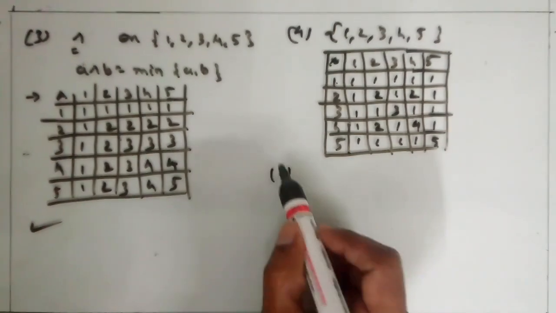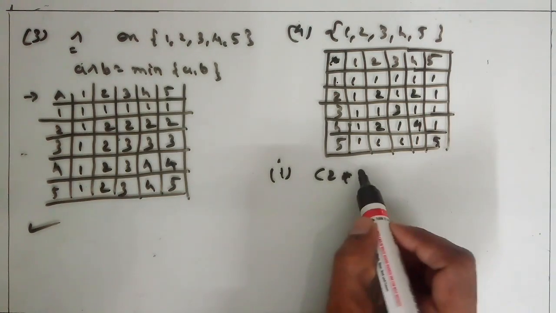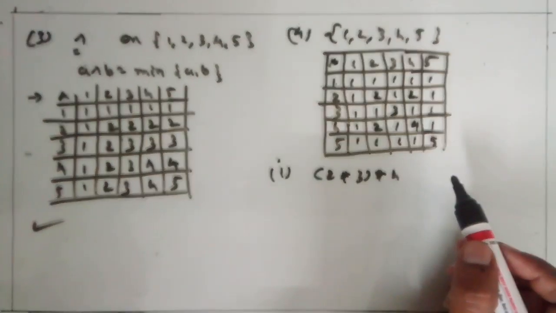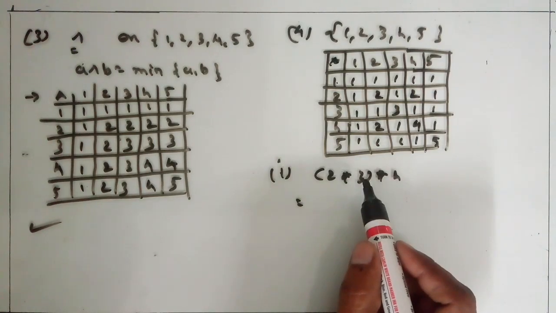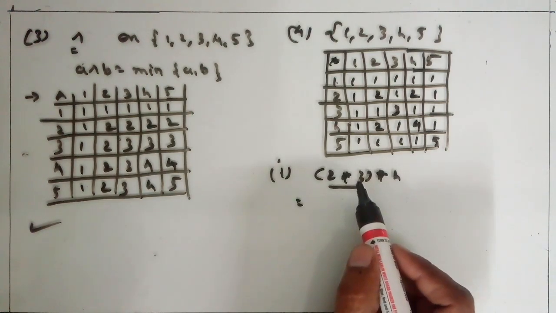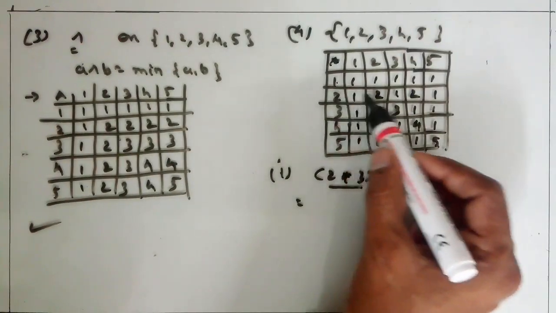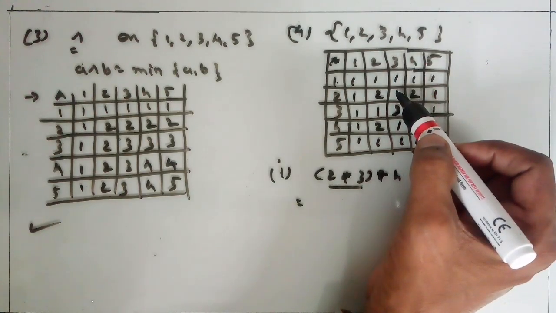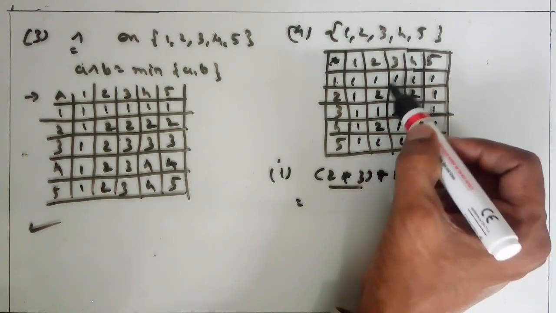Number 1 given in this question. Compute (2 star 3) star 4 and similarly 2 star (3 star 4). Here first we compute (2 star 3) star 4. First get 2 star 3, that is the result of 2 and 3. 2 lies in the second row and 3 in the column, and the intersection of the row containing 2 and the column containing 3 is 1.